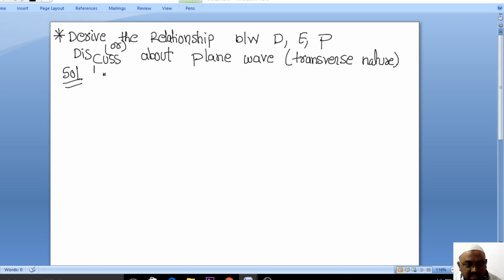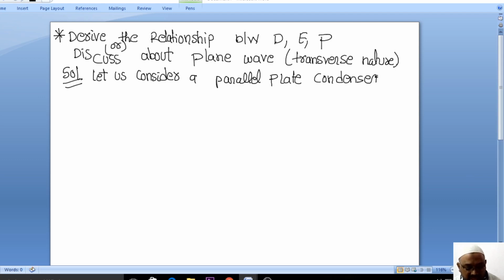We want to get the relationship between D, E and P, and we don't know anything. So what Maxwell did, he considered a parallel plate condenser or capacitor, one and the same thing.